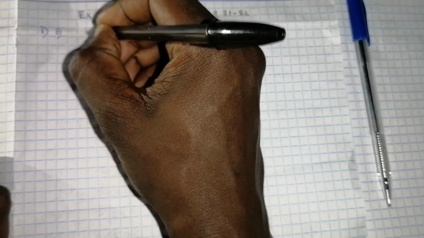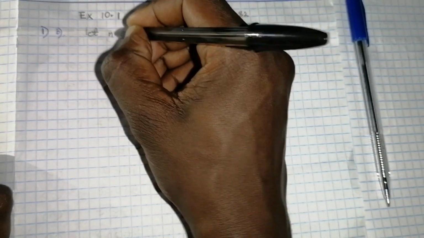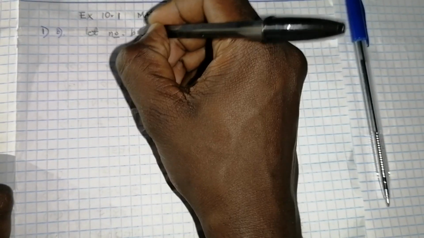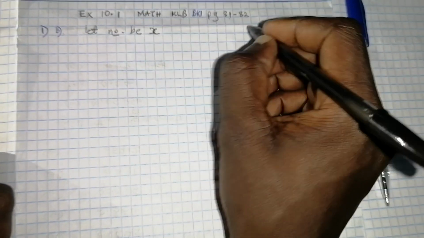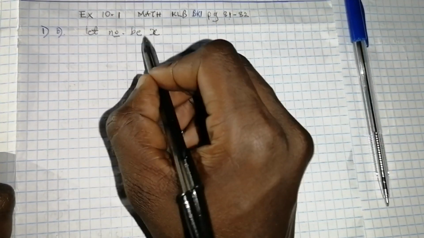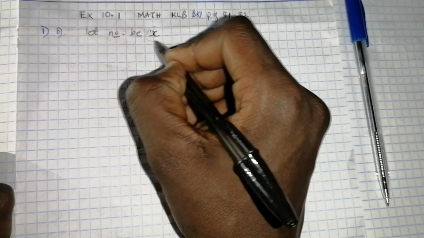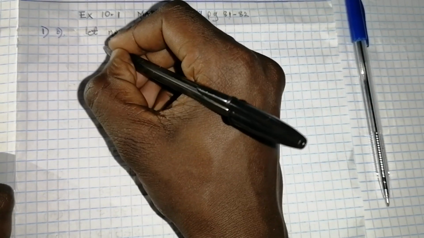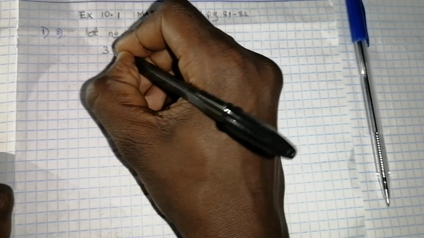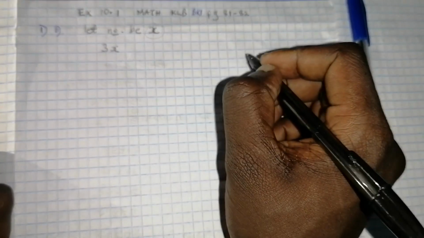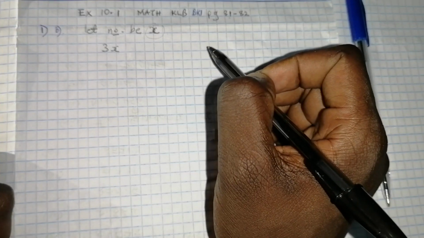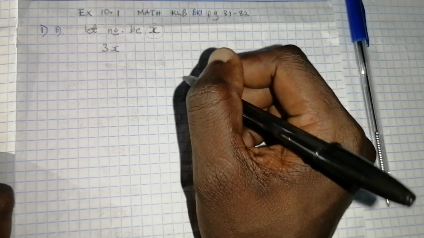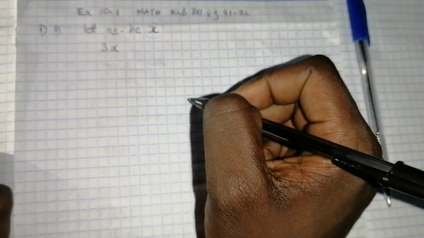We'll simply say, let that number be x. We'll always let whatever it is we don't know be x. So if we let the number be x, now let us multiply this number by 3. Therefore, when you multiply this number by 3, it will be 3x. Then you're supposed to add 6 to the result.